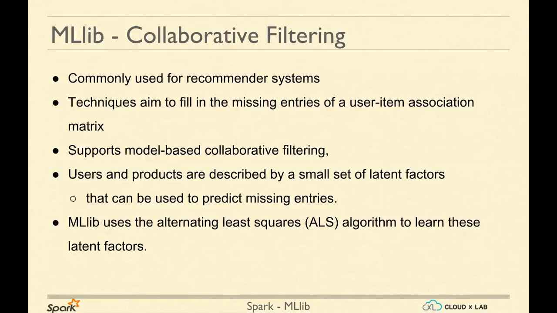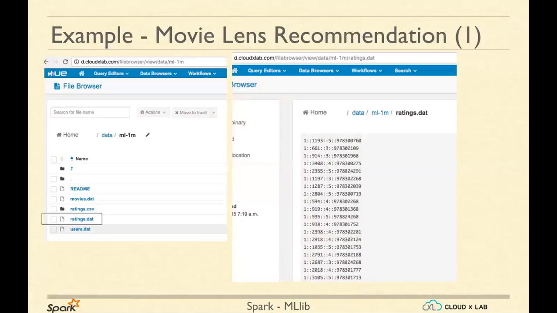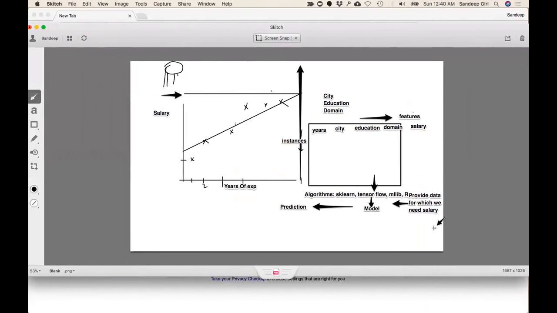So users and products are described by a small set of latent factors, as in each user is represented internally as some kind of numbers. Let's take a look. Let's try to do the MovieLens recommendations.